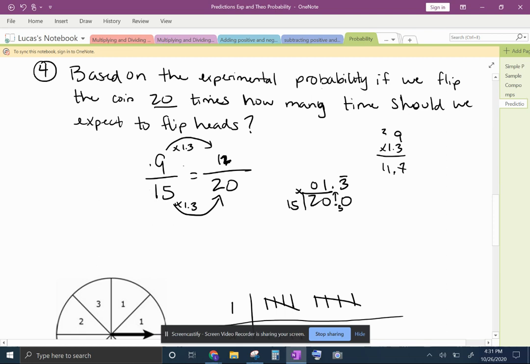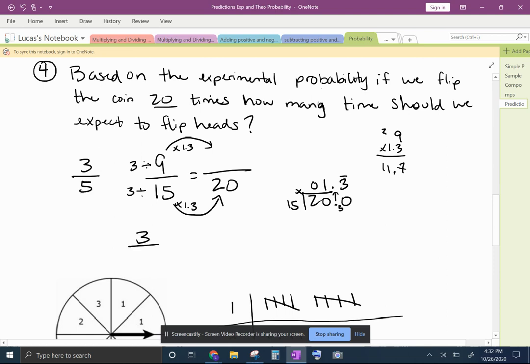Okay. Another way I could do this, let me erase this real quick. Another way I could do this is I could divide this by 3, and I get 3/5.